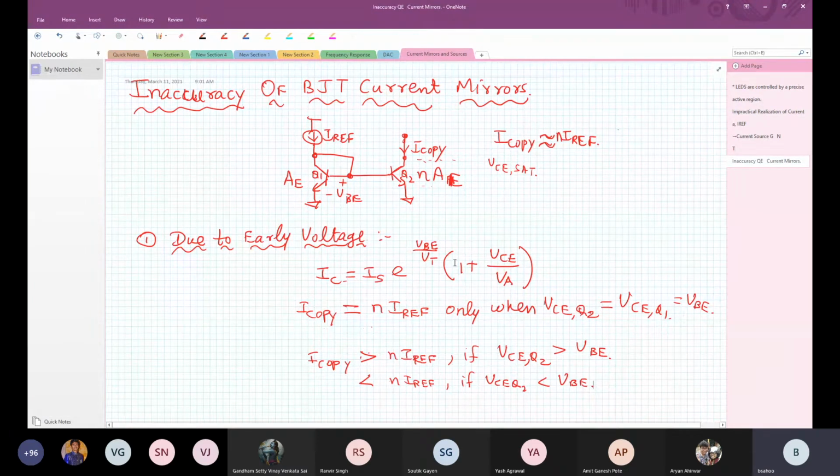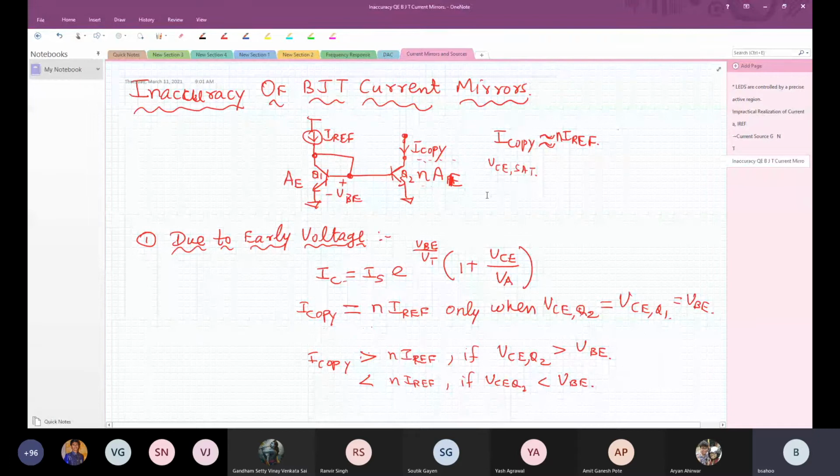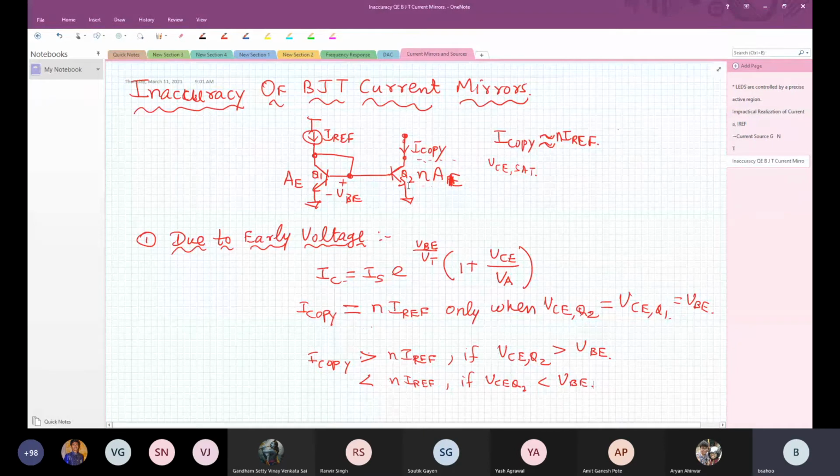Now, sir, what else? Yes, A is the area. Emitter area. AE stands for the emitter area, so I'm scaling the emitter areas. Now, how do you scale the emitter areas? You put multiples of this transistor, N of these, in parallel. Yesterday I told you, how do you scale currents? By putting the same transistors in parallel. Do not try to increase the area by layout. That is not a good practice. So if you want to increase, you use replicas.